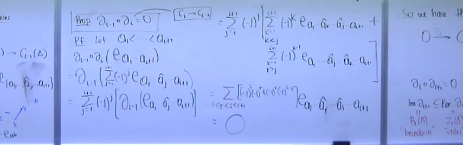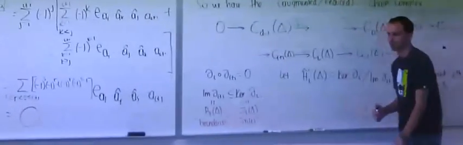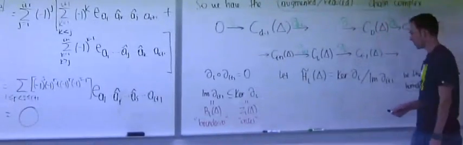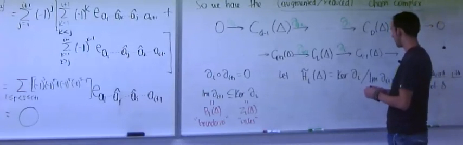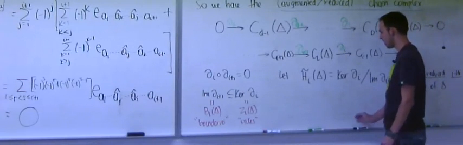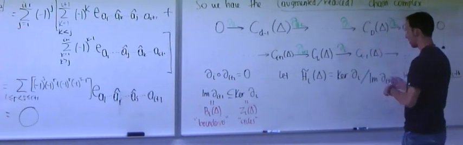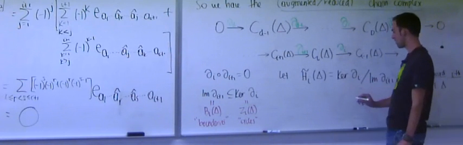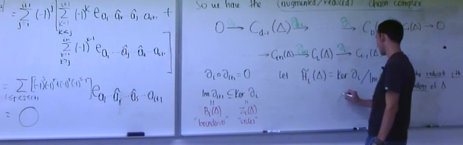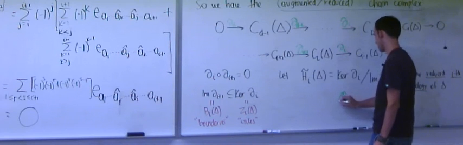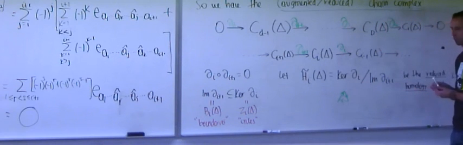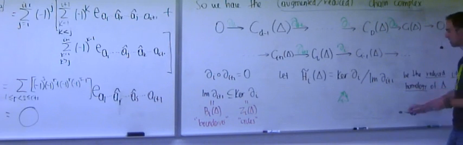Zi of delta is cycles, Bi of delta is boundaries. But let me just draw a very rough picture here, which is that what I mean by cycles is something like this. Okay, looks like a cycle.